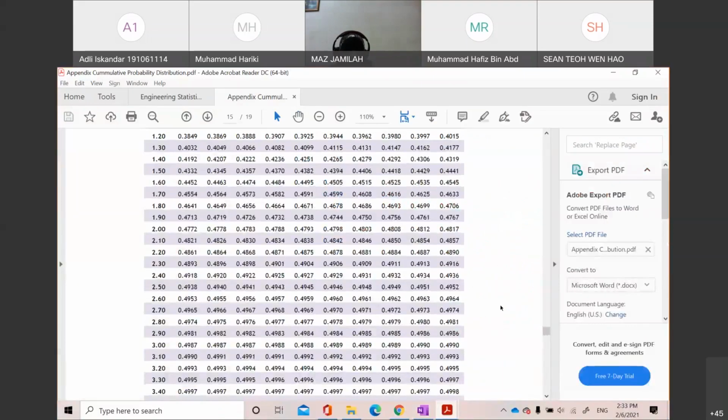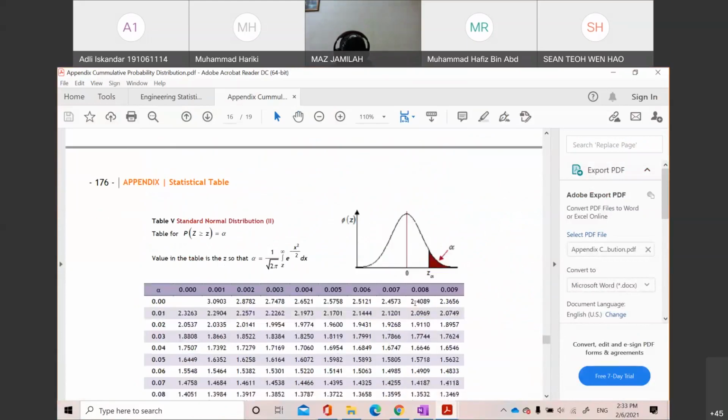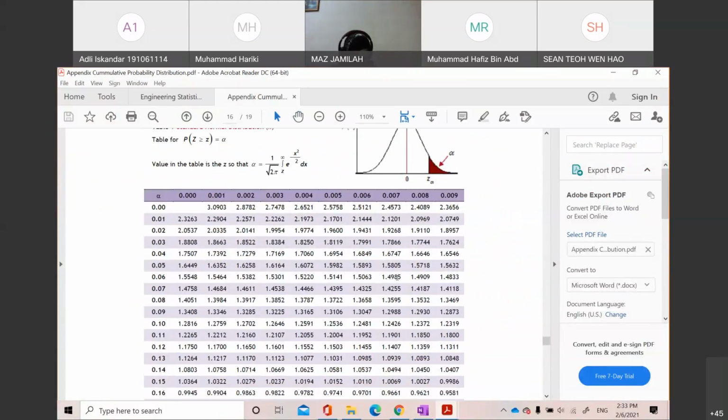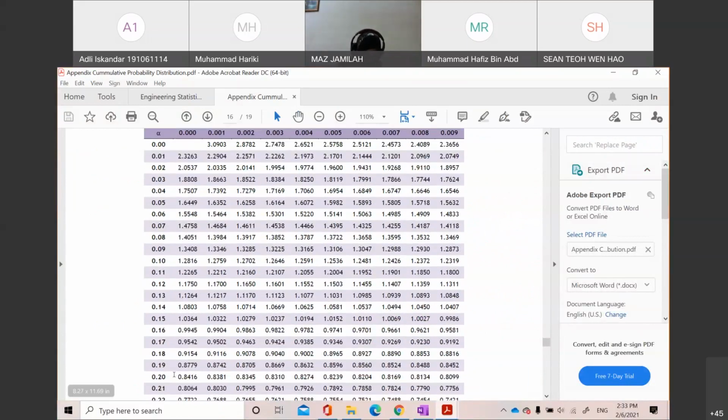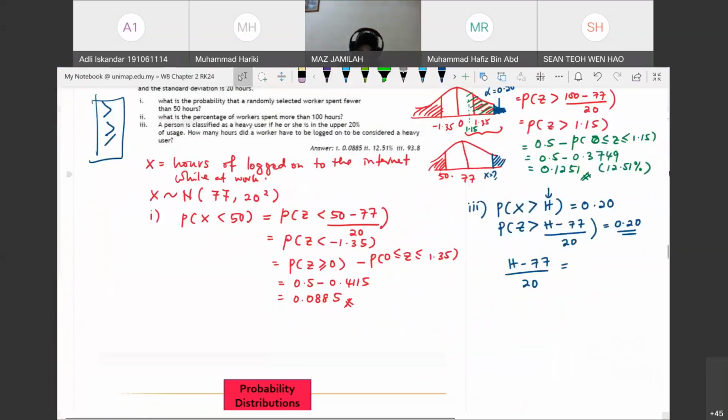If you are referring to your table, 0.2 for the upper tail, for alpha 0.2, that will be your Z value, 0.8416. So (H minus 77) divided by 20 is equal to 0.8416. Solving for H, it will be 0.8416 multiplied by 20 plus 77.